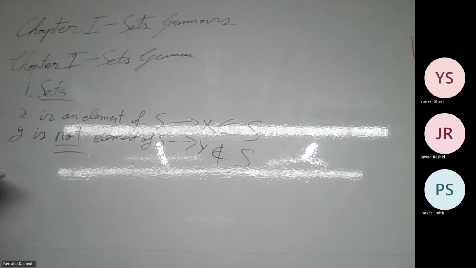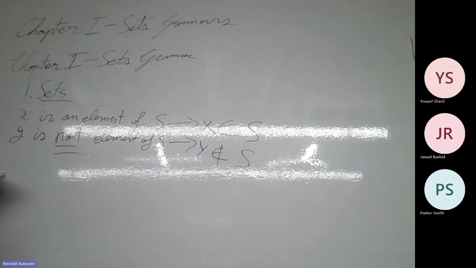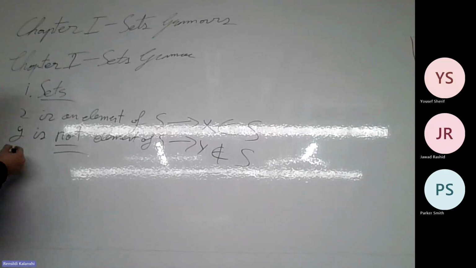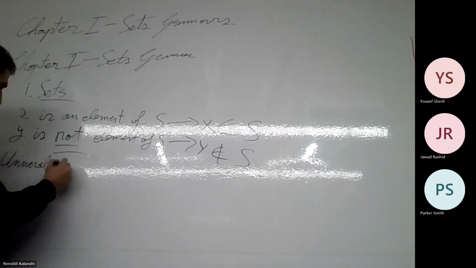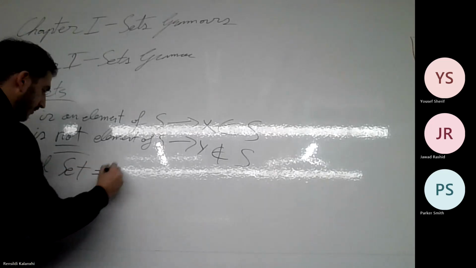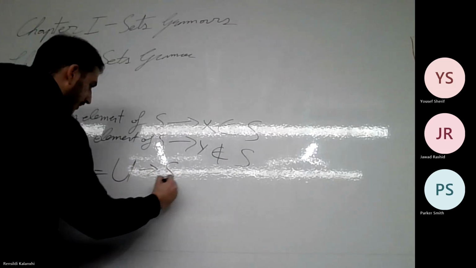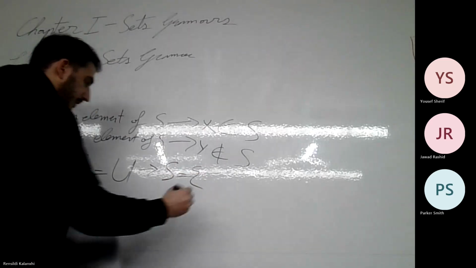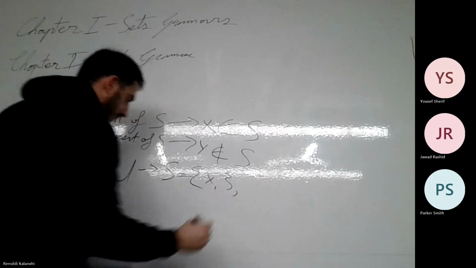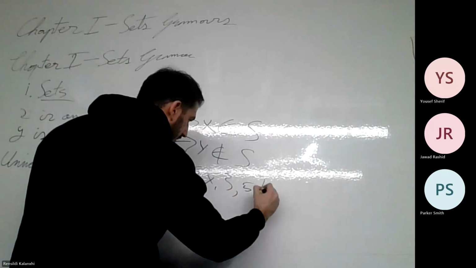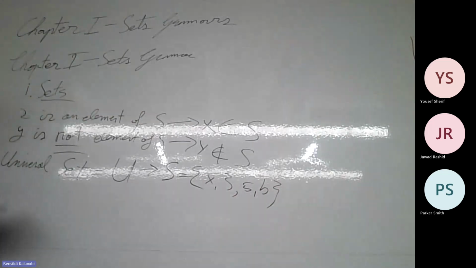And we also need to know or should know what a universal set is. Just say U, capital U, and an example of it could be everything in a universal set.